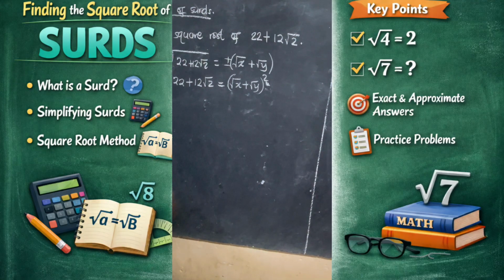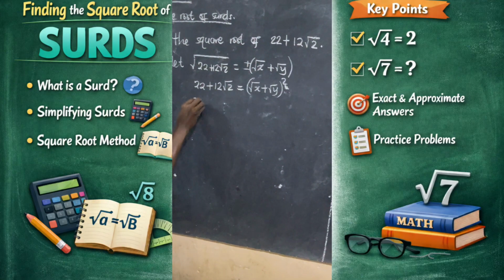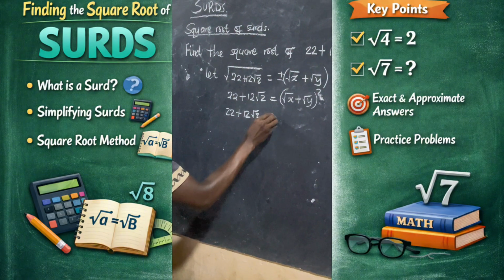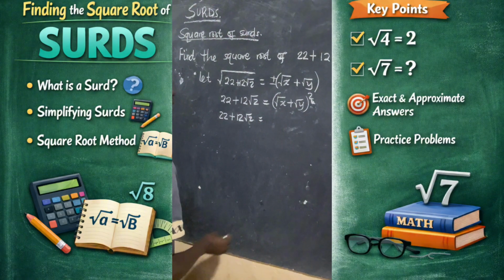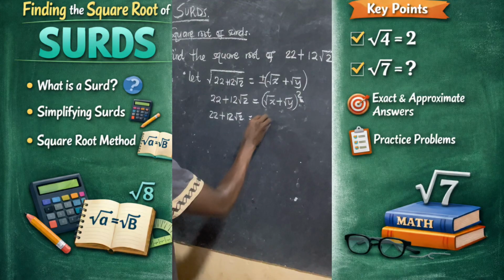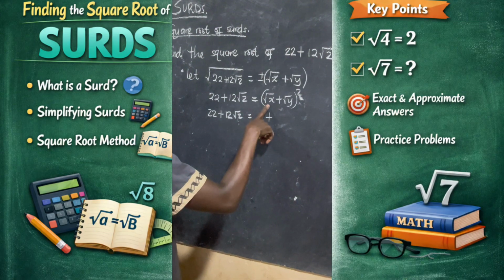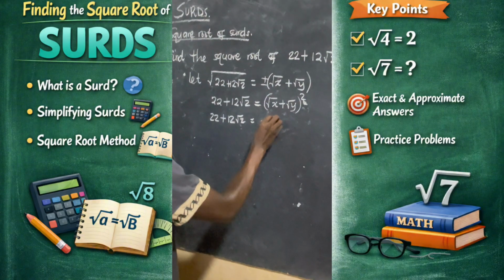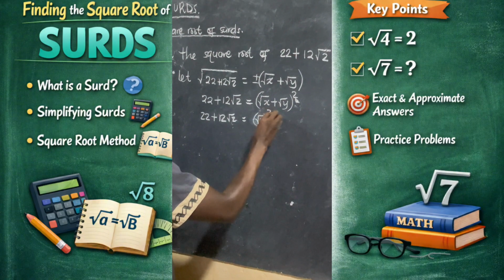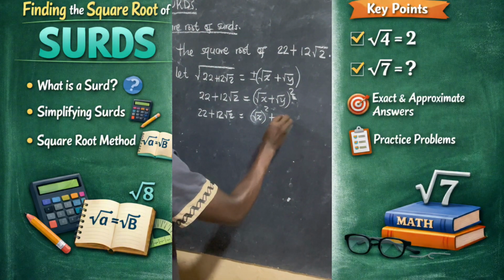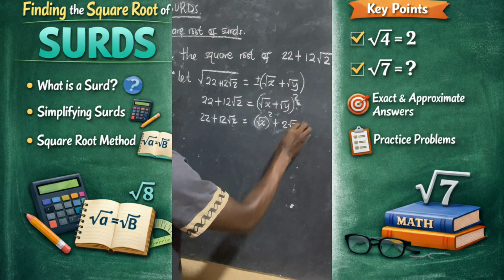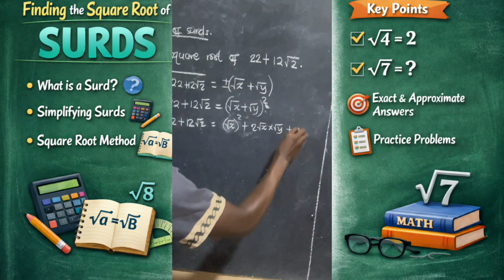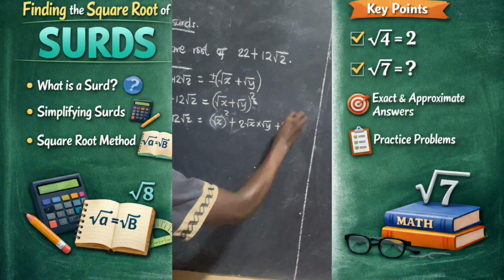So I'm going to expand this. And what shall I have? So this is 22 plus 12 root 2 is equal to, when I square this, x plus, remember, it is in the form of root x squared plus twice the product of root x times root y, then plus root y squared.